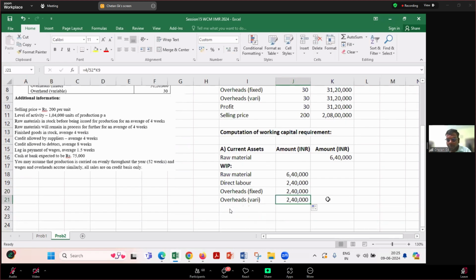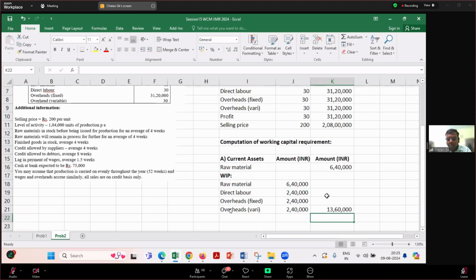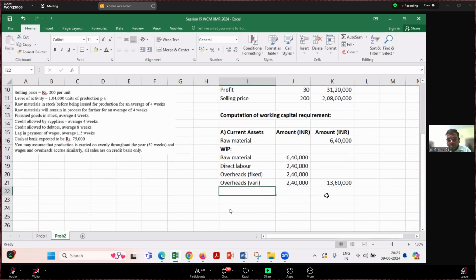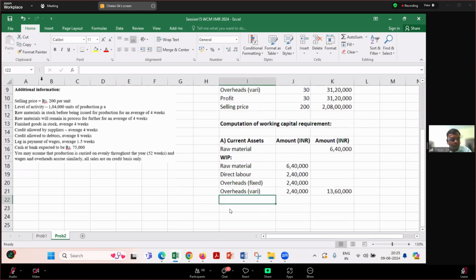So work in progress. Finished goods in stock. So finished goods means it is at cost price, right?